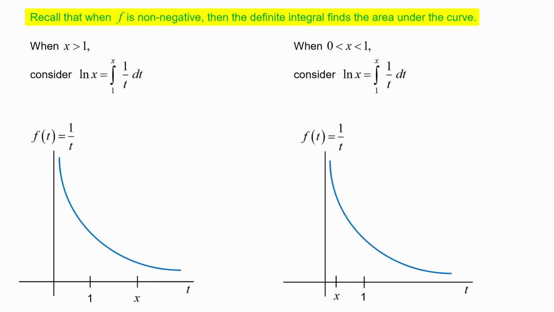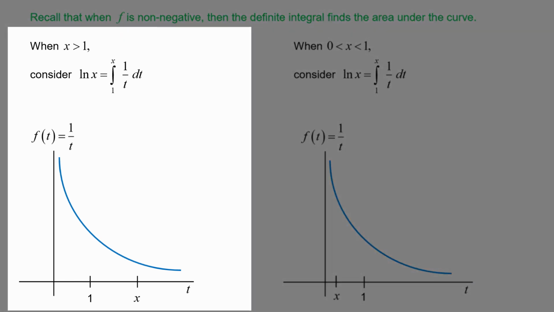Recall that when f is non-negative, then the definite integral finds the area under the curve. When x is greater than 1, let's consider natural log of x equaling the integral from 1 to x of 1 over t dt, this integral definition of natural log of x. So this definite integral is going to give us the area under the curve of 1 over t.